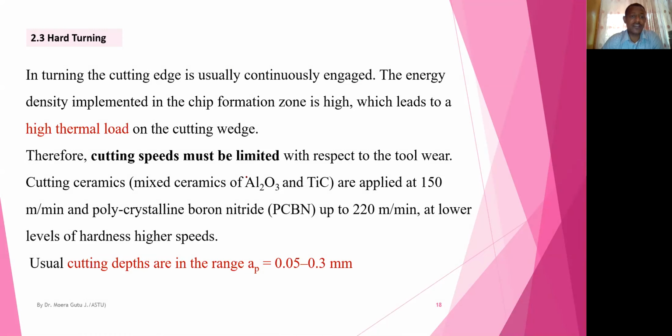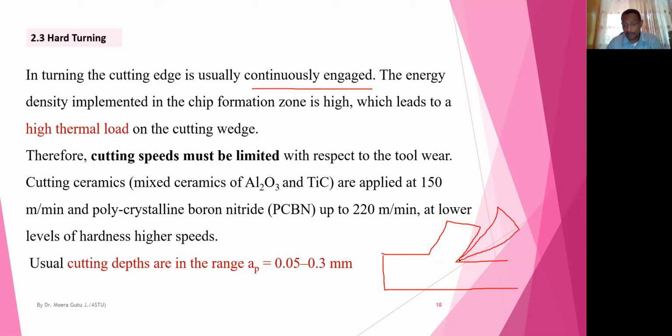So in turning, the cutting edge is usually continuously engaged. The cutting edge of the cutting tool is continuously engaged with the workpiece material. This is the cutting tool.